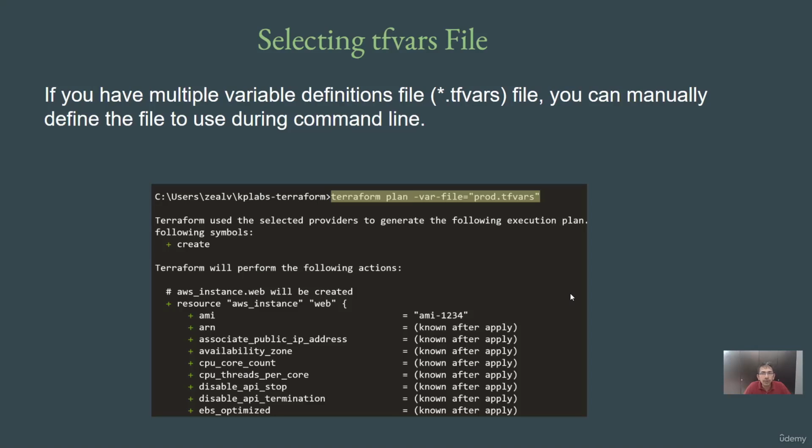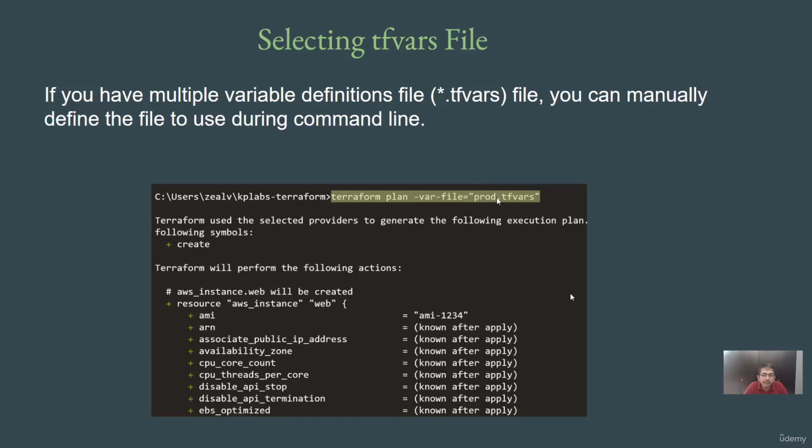Now, generally, when you have multiple tfvars files available, whenever you're using terraform plan, you can also specify which tfvars file you want to take into account. For example, here you have the prod.tfvars file. So all the values associated with production will be taken into account as part of the plan. Similarly, if you want to create infrastructure in a development environment, then you can specify dev.tfvars.